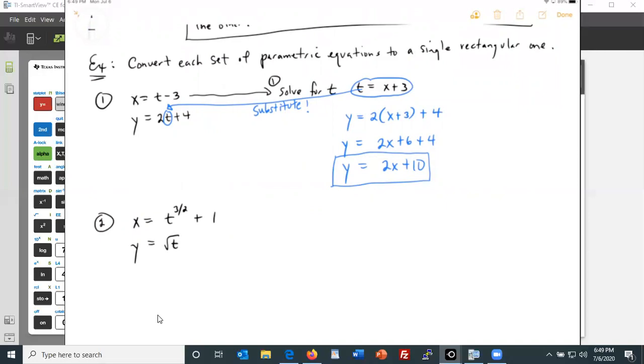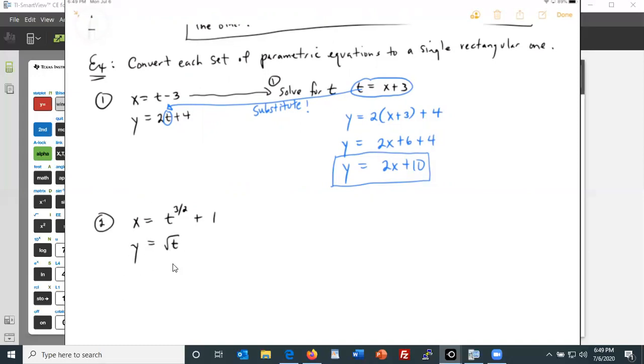Okay, now there's no rule that tells you which equation you have to start with. So like in number 1, I started with the first equation and solved for t. I could have started with the second equation. Okay, it makes no difference which one you start with. I always say start with the one that looks easiest, because you can solve for t a little more simply by working with the easiest equation first. So to me, I think the second one looks easier.